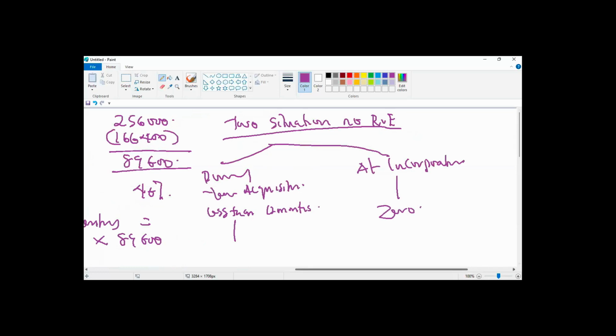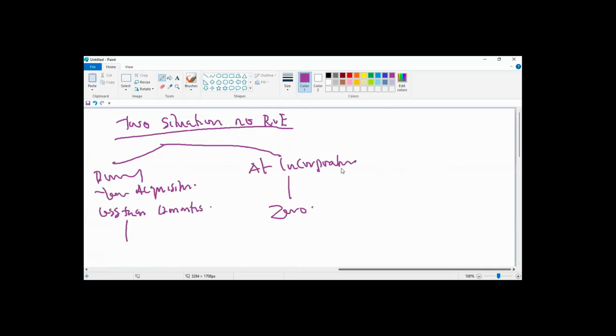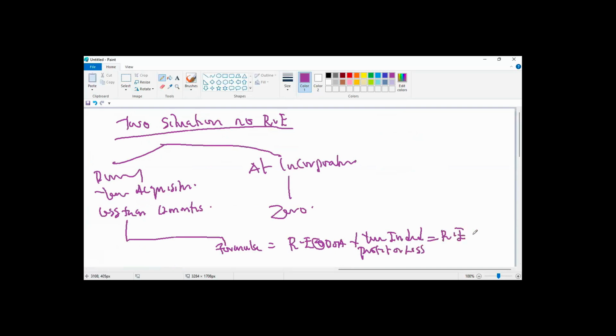I will use the formula by saying retained earnings at the date of acquisition plus year ended profit or loss equals retained earnings at SOFP.